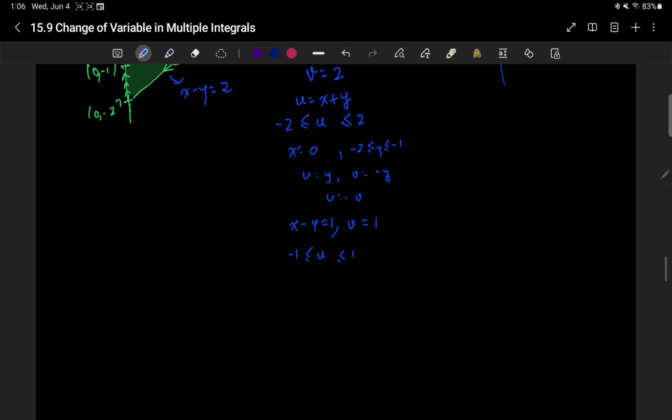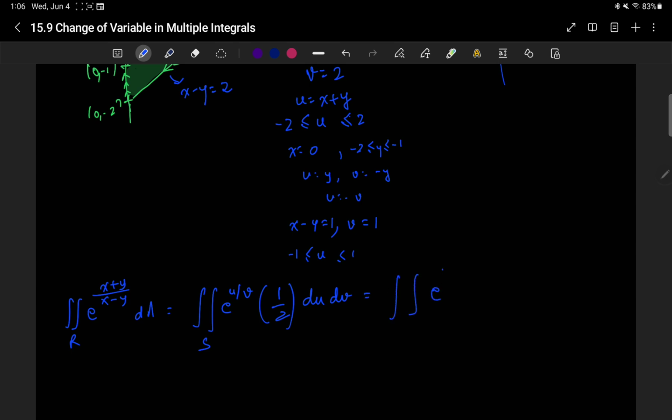So now we can rewrite our integral. Over the region R, e raised to x plus y over x minus y, dA becomes over S, e raised to u over v, times the absolute value of the Jacobian, which is 1/2, du dv.